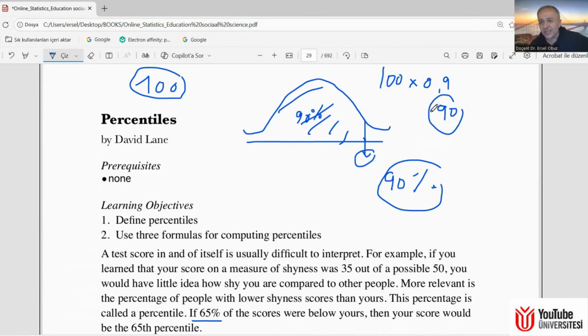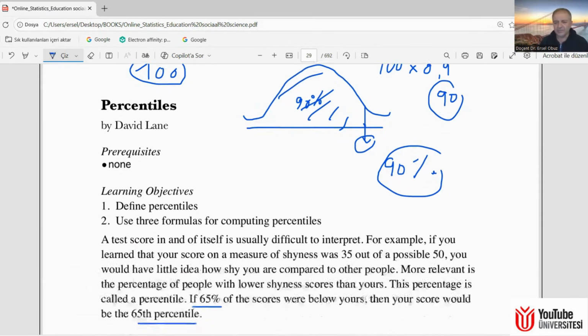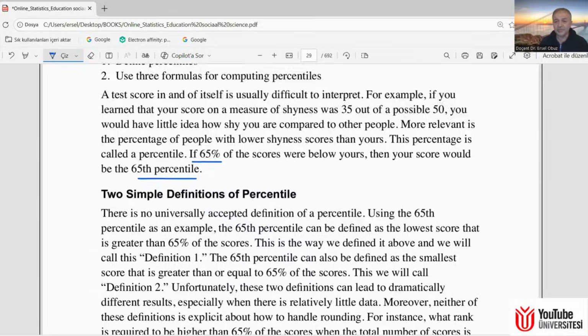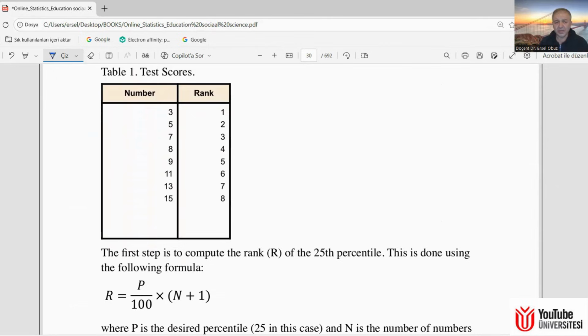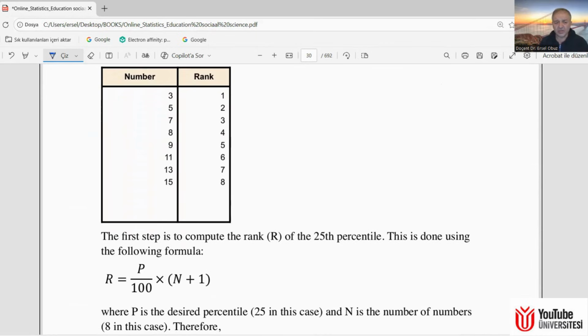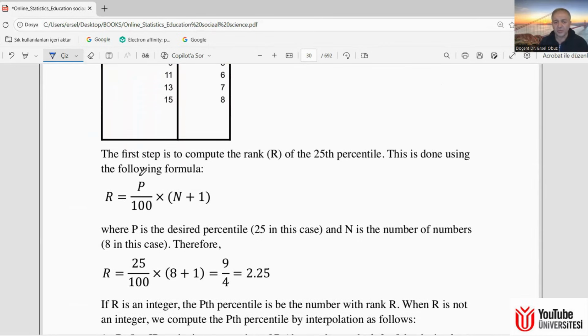So your score is better than 90 students in that class. So only 9 students scored better than you. That's the percentile, an important concept. Those are the test scores, and that's the formula for the percentile.